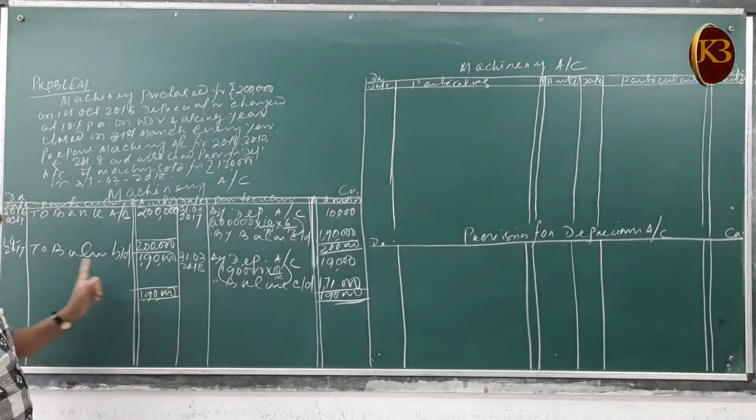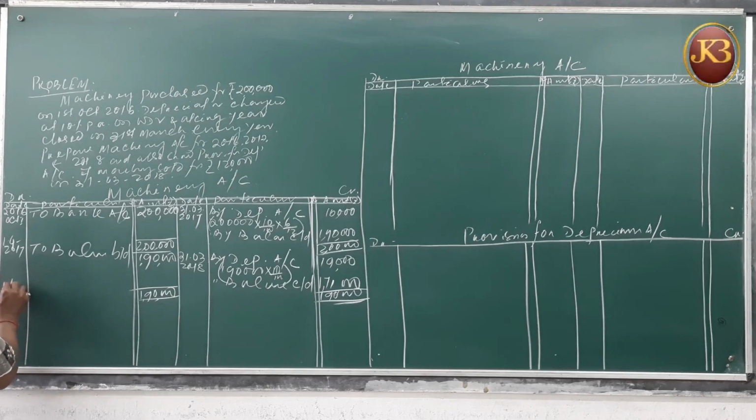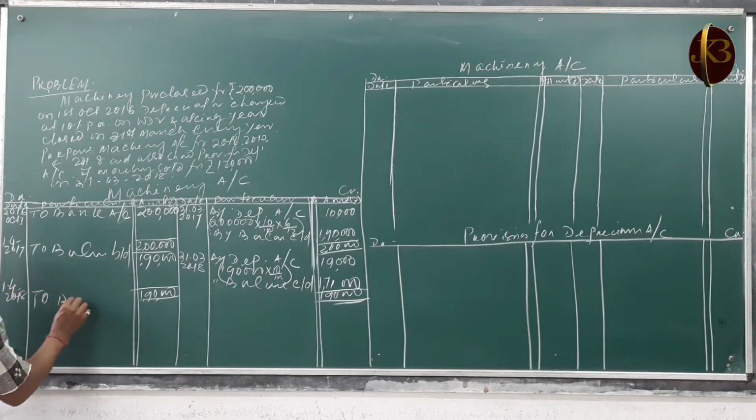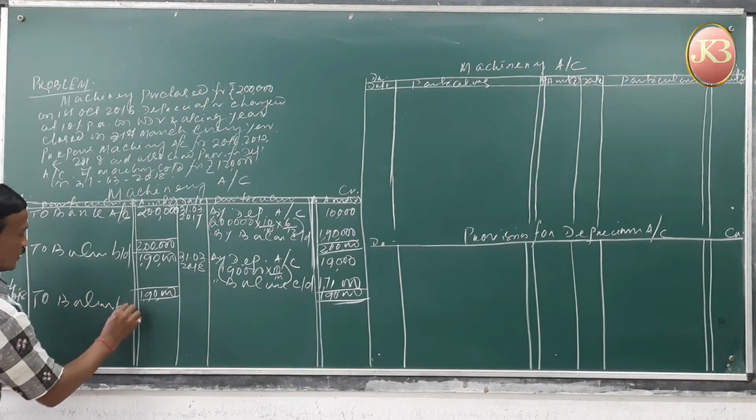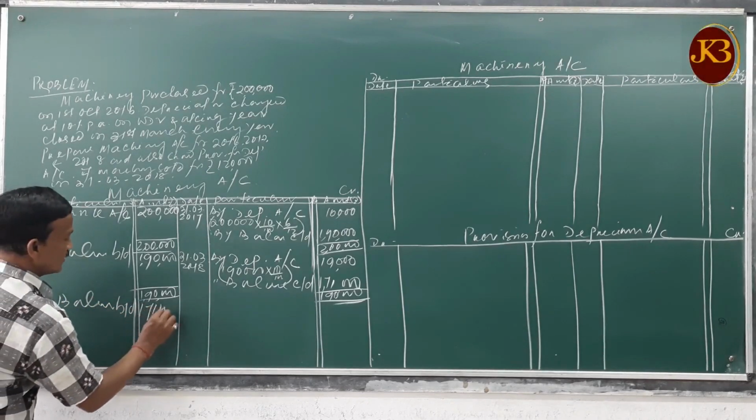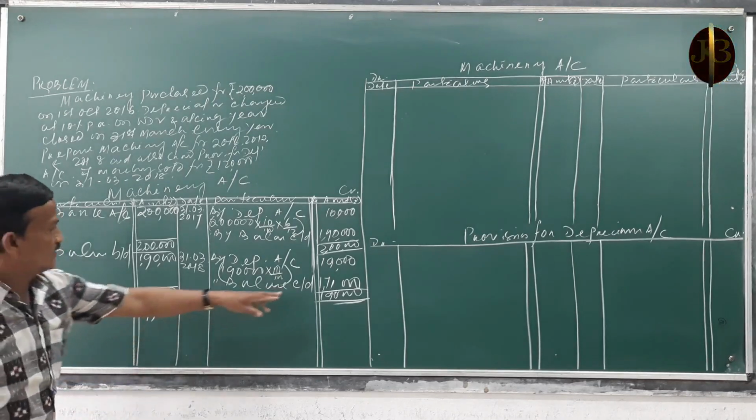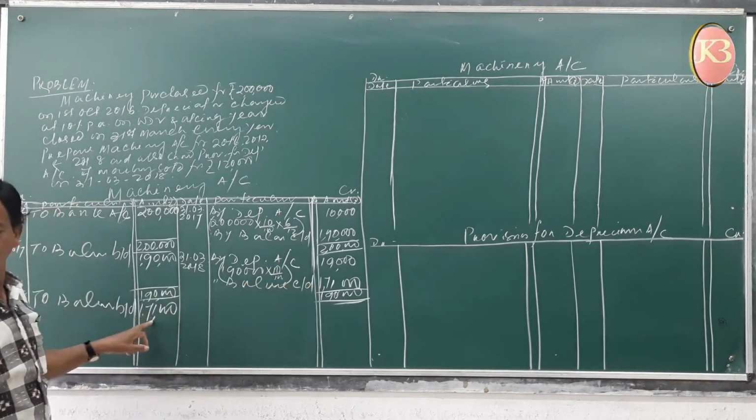So the second year is completed. Again the third year, 1st April 2018, to balance brought down 1,71,000. This balance is brought forward here.